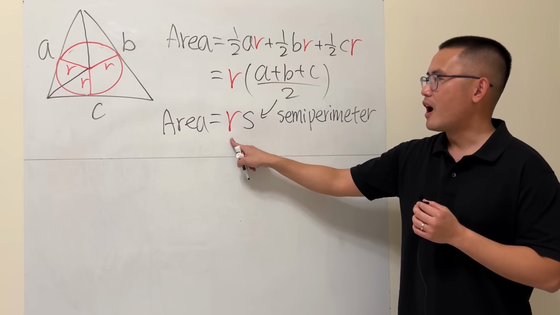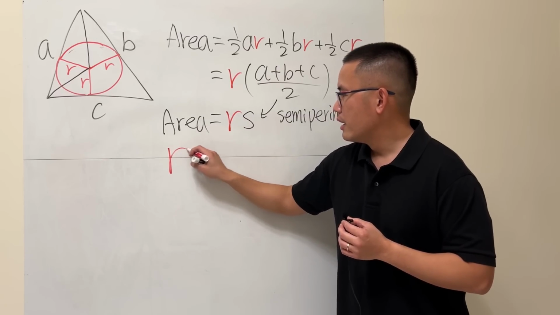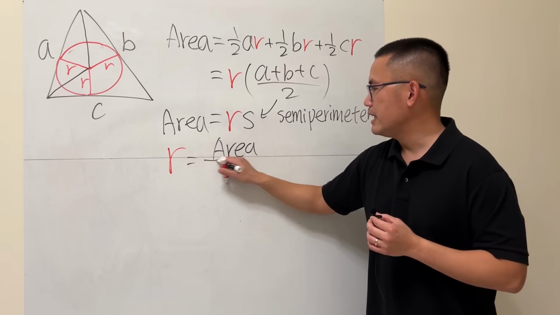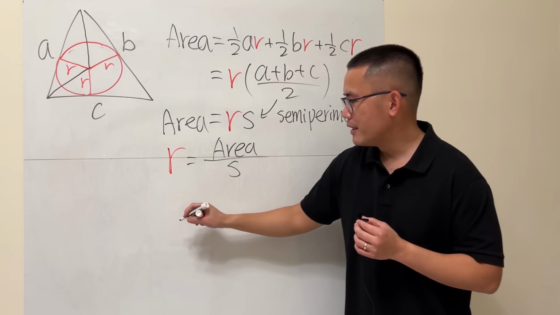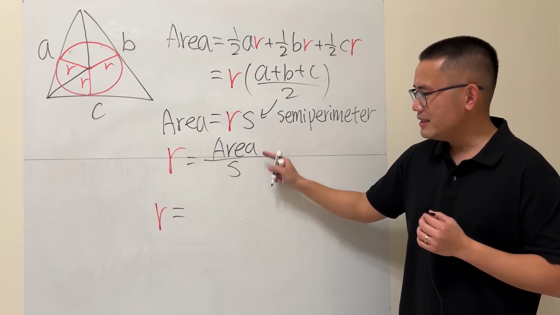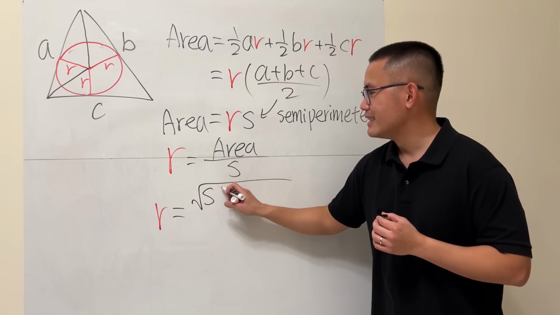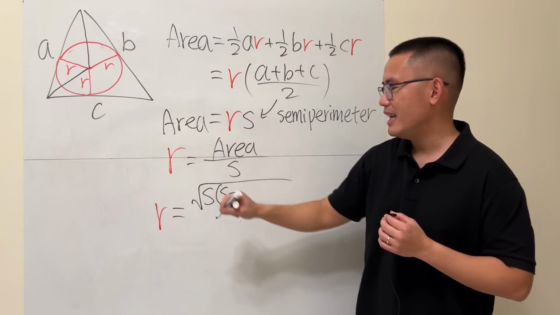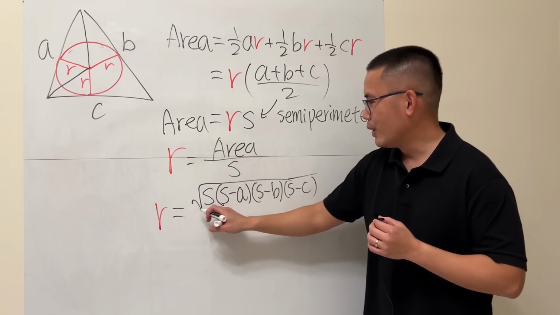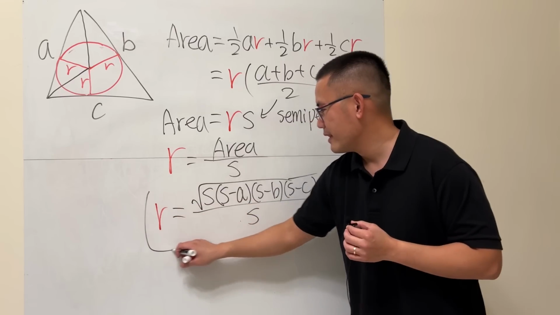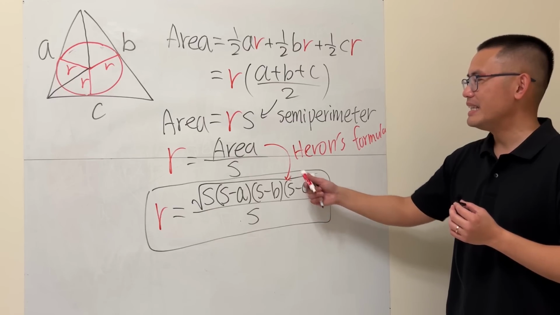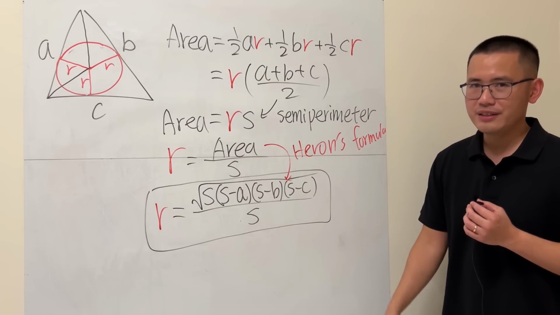Area is equal to R times S. So the radius of the incircle is just going to be area divided by S. And for the area, here is the Heron's formula, which is also related to S. We can write this as the square root of S times S minus the side A, and then S minus side B, and then S minus C, and then all divided by S, like this. Right? So from here to here, this is the Heron's formula. And if you want to see the proof for this formula, you can check the description. That's it.